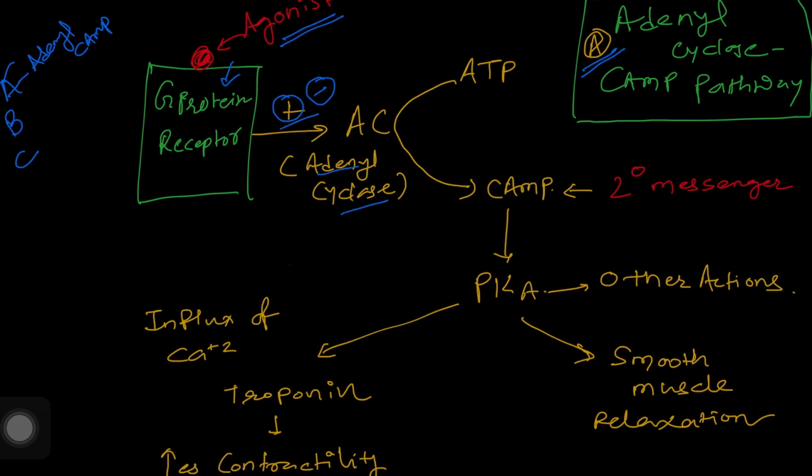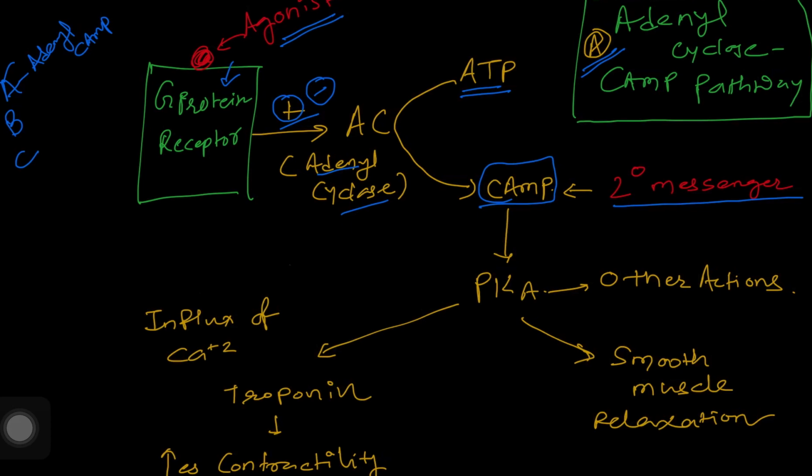So what's the role of adenyl cyclase? Its role is to convert ATP into cyclic AMP. So cyclic AMP has been formed, and it is very important because it is called a secondary messenger. This cyclic AMP is responsible for the different actions of that receptor.